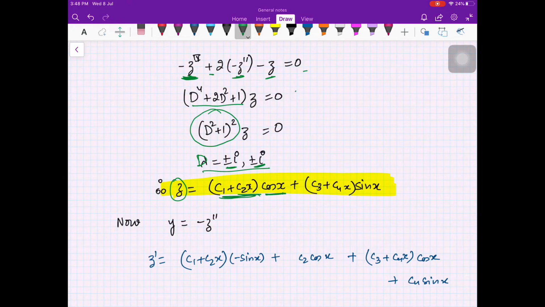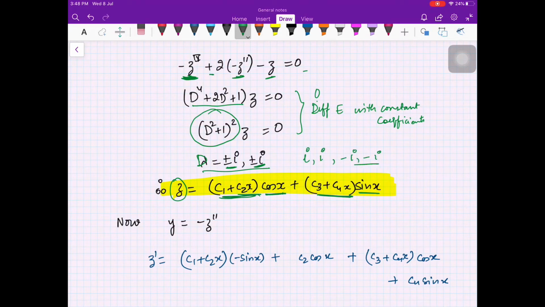If you don't understand, then please look for ordinary differential equations with constant coefficients, how to solve them. And this is (c3 + c4 x) sin x. This is because you have roots i and minus i repeated, so that is why this term is there.